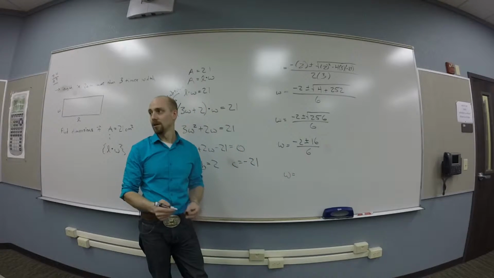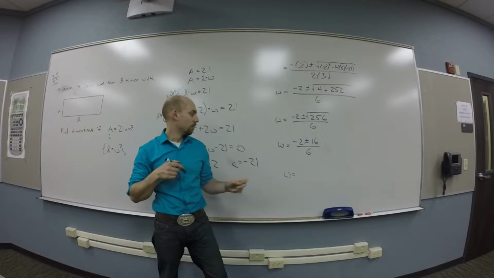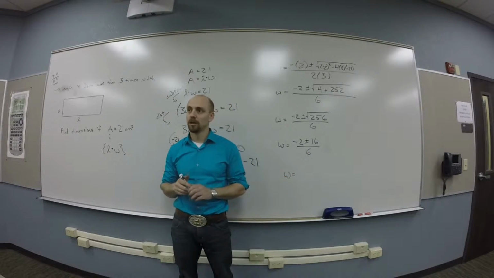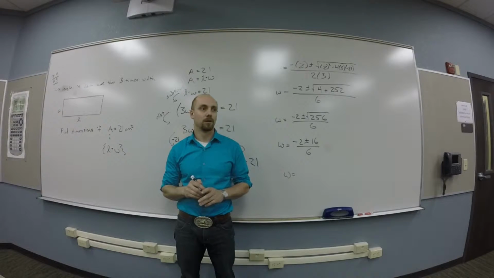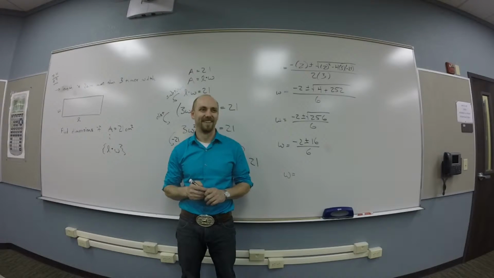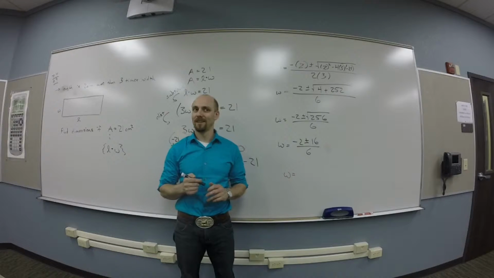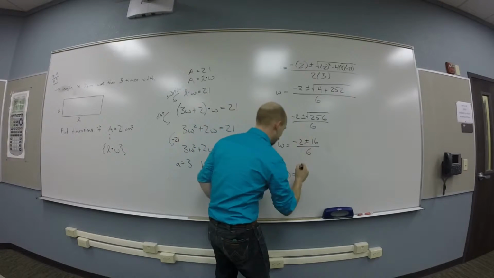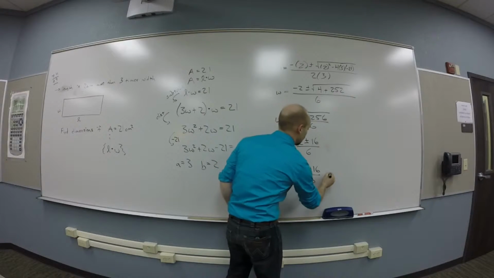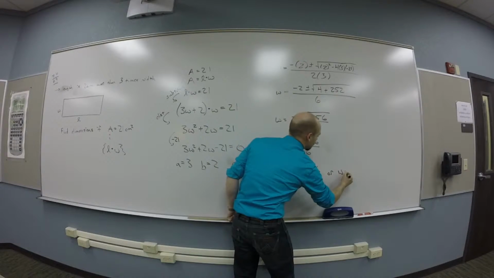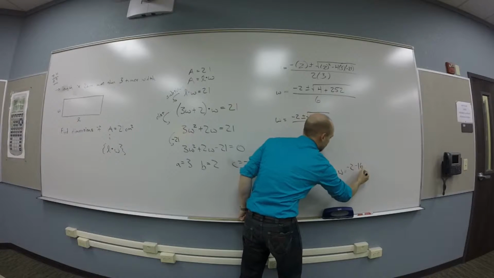You okay? All right. So where am I getting my first number? So W is what? W is negative 2 plus 16 over 6. Perfect. That's what I want to hear. Or W is negative 2 minus 16 over 6.